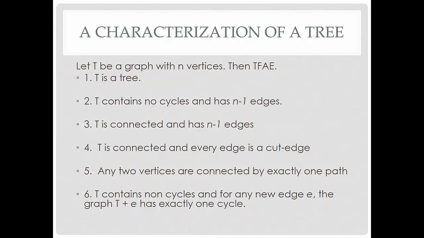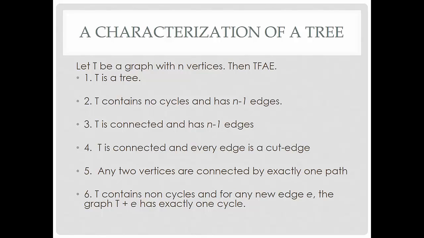For example, T is a tree if and only if T contains no cycles and has n-1 edges. To prove a theorem like this, you must show that there is a path of implication between any pair of statements. So let's look at the 6 statements.